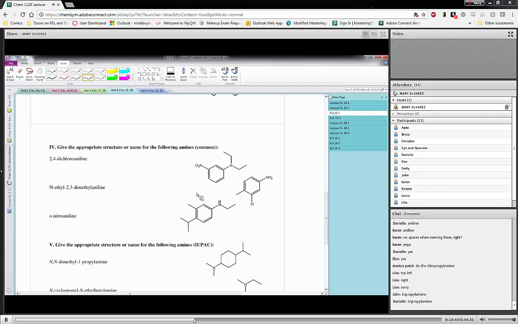So derivatives of aniline. So how would I name this, let's see, aniline. Again, I always put the nitrogen there, and I never fill in the hydrogens until I know how many hydrogens are going to need to be there. So this is defined as the 1 position. So the 2 position, I've got a chlorine. The 4 position, I've got a chlorine. And that's everything, so I could go back and put in 2 bonds to hydrogen.